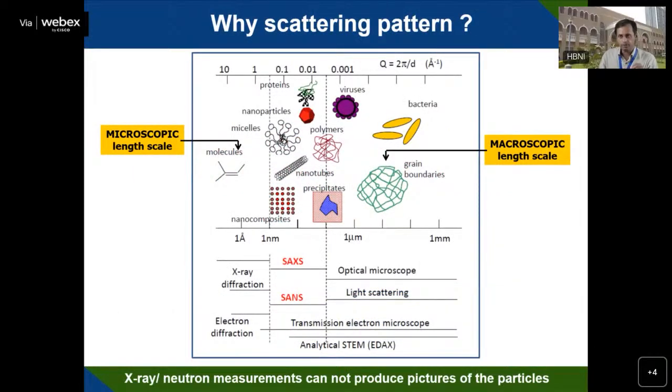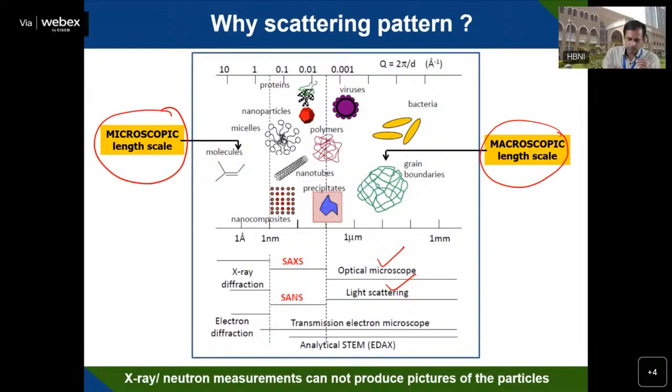So first of all, why do we need scattering patterns? If you see, we have a material that you can look at on a macroscopic length scale. For example, on the macroscopic length scale, you can use optical microscope, light scattering, or even electron microscope.